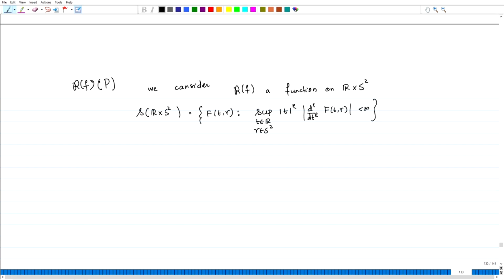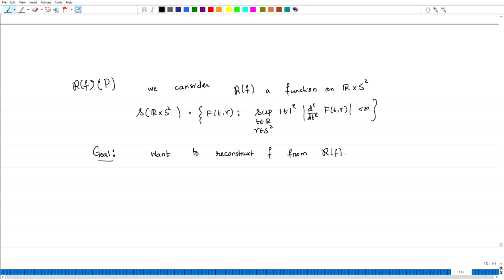So, now what is our goal? We want to reconstruct f from the Radon transform.